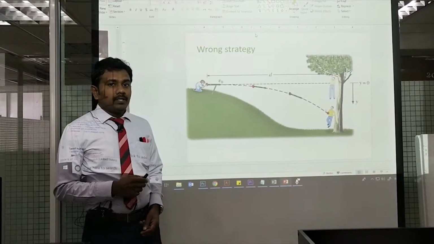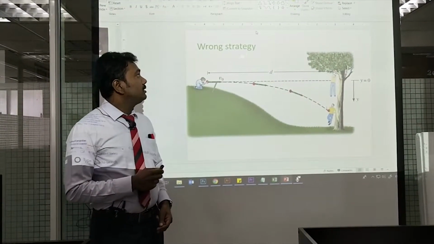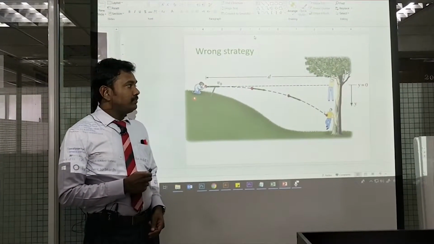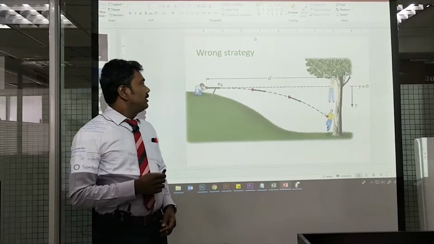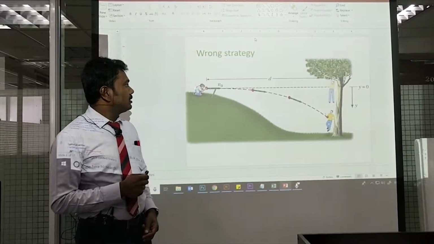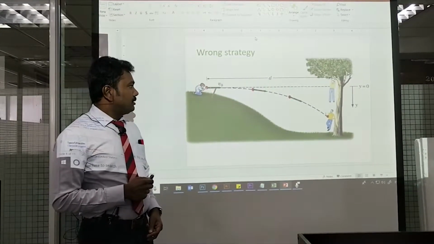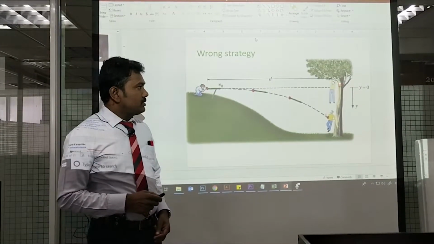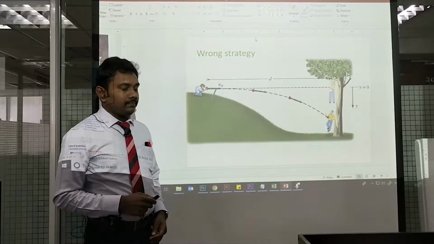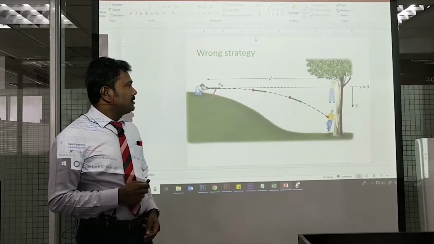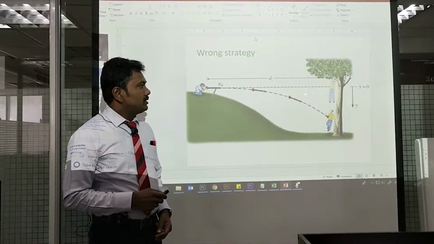Here we can see a wrong strategy often applied by students while they play in a park. There are two students. One student is holding a gun with water balloons while the second student is hanging over a tree. The first student is aiming to shoot the second student.